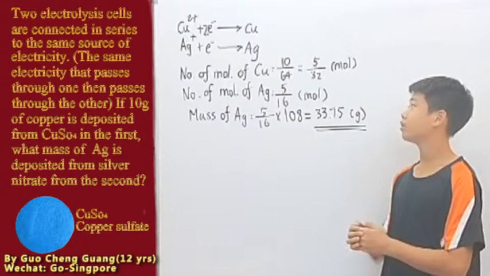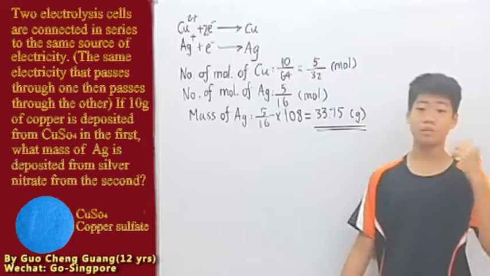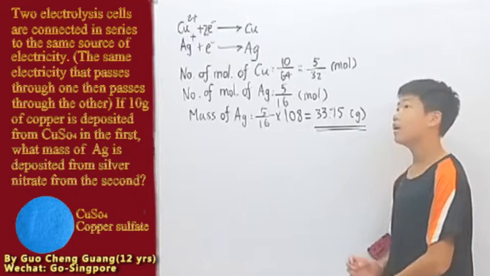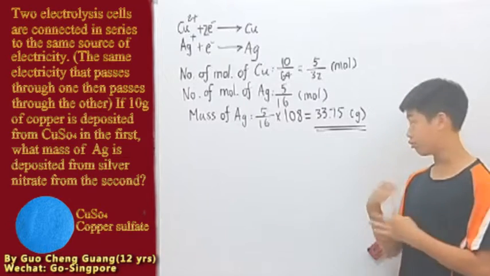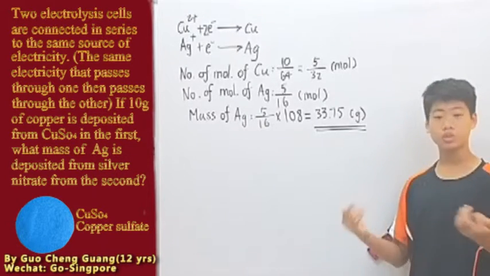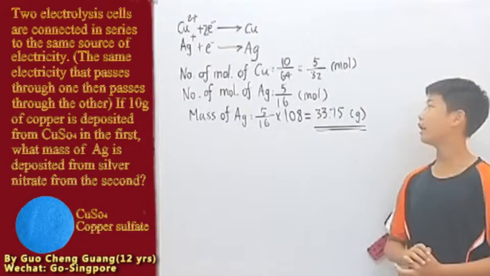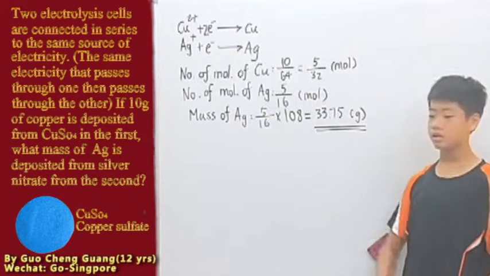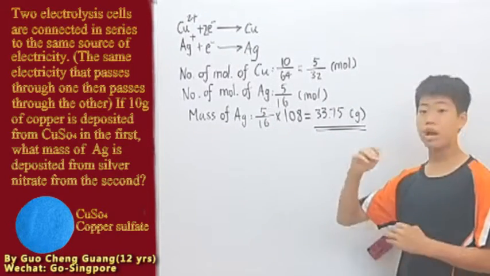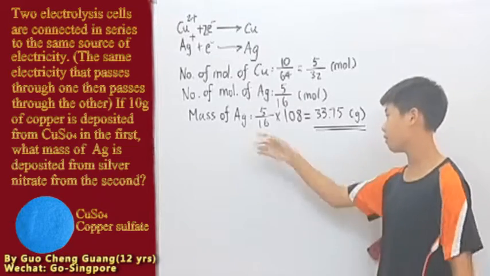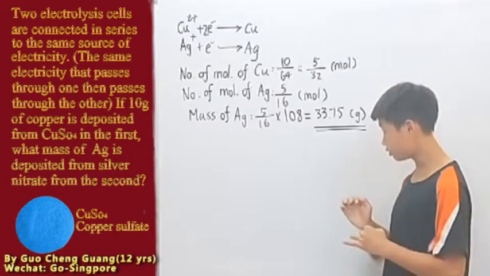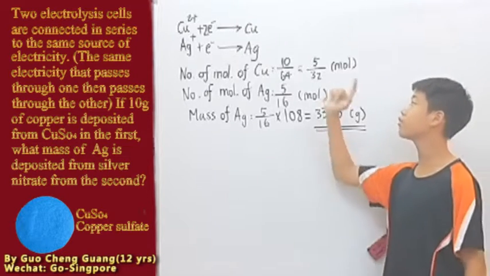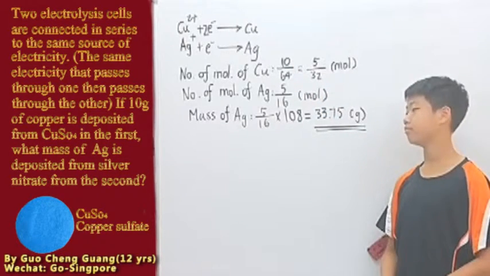But there's something that you have to know. For example, Avogadro's number, definitely you have to know. Or the charge of electrons, you also have to know that. And for these elements here, you also have to know their atomic mass unit. You also have to know the ionic equation.